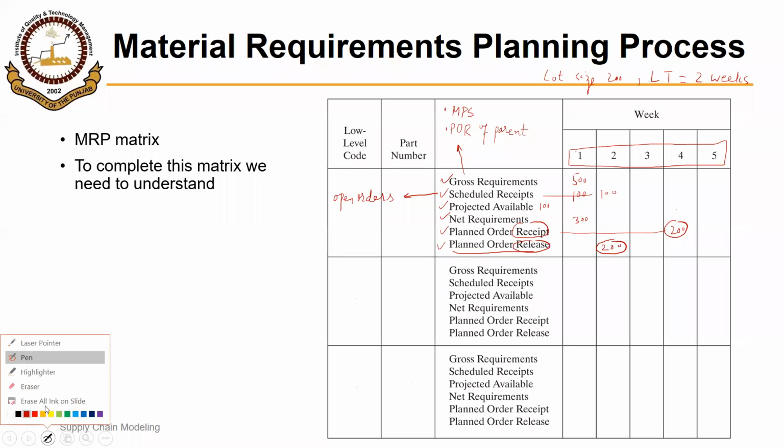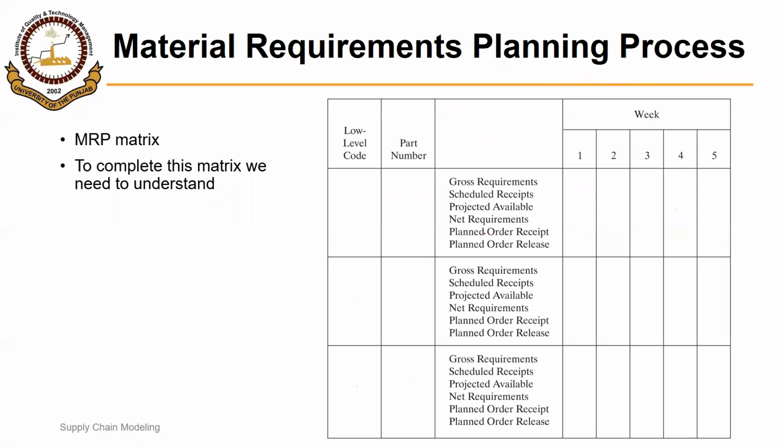Another important point is that, according to MRP logic, scheduled receipts, planned order receipt, and planned order release are all at the beginning of the period.